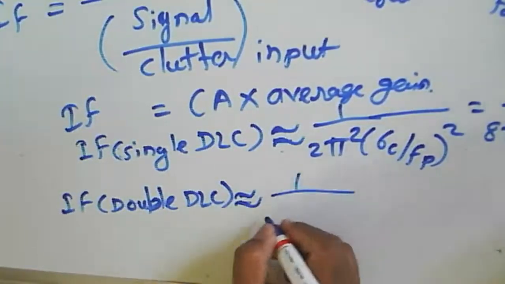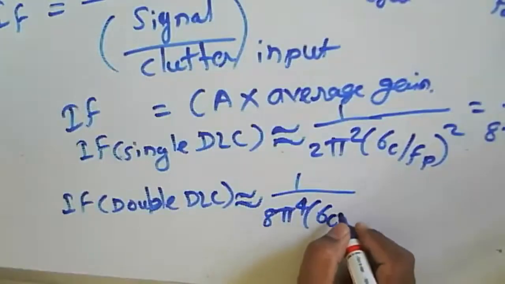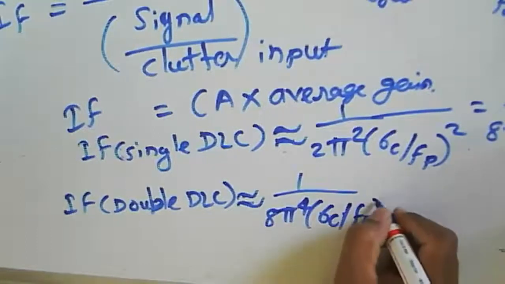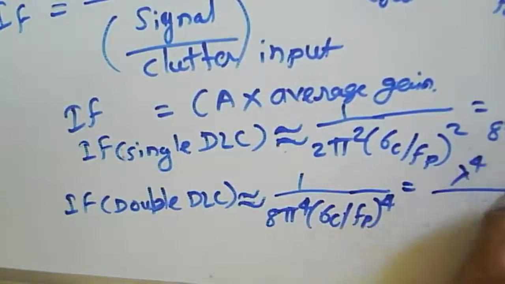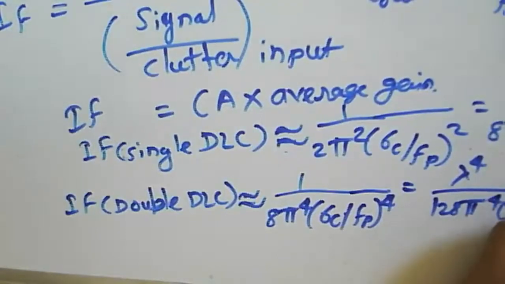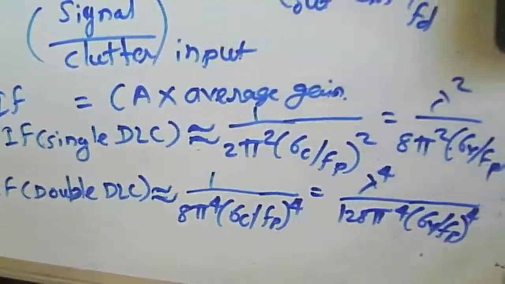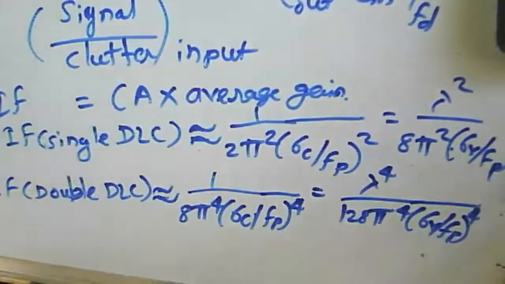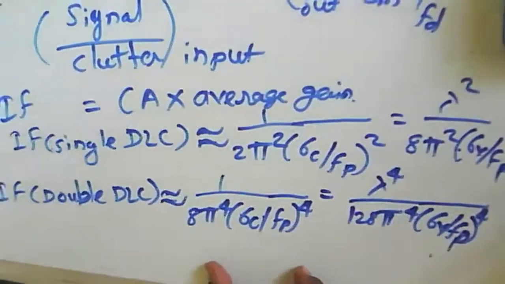So you can say 1 by 8 pi raised to 4 (sigma c by fp) bracket raised to 4, equal to lambda raised to 4 by 128 pi raised to 4 (sigma v by fp) bracket raised to 4. So this way we will get the improvement factor for the double delay line canceller.